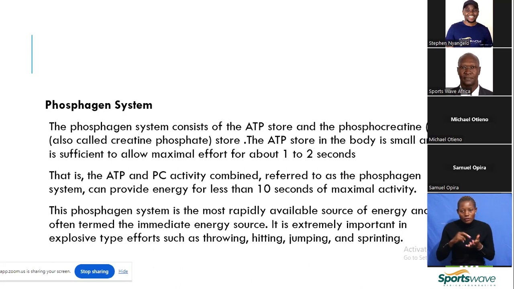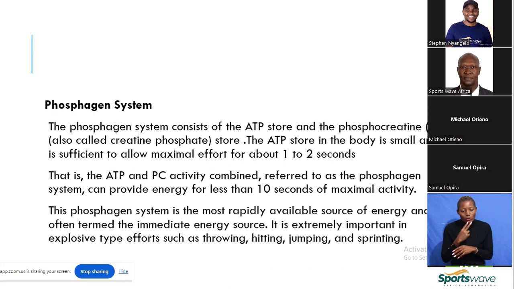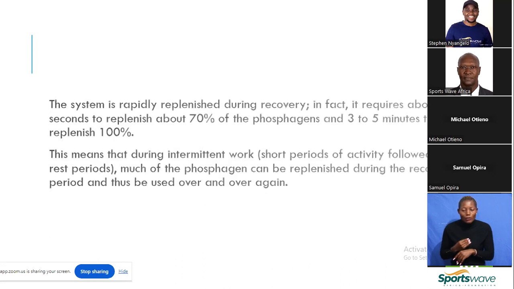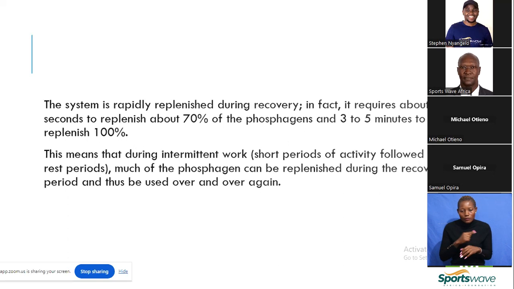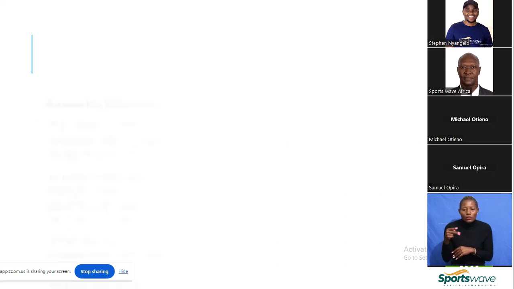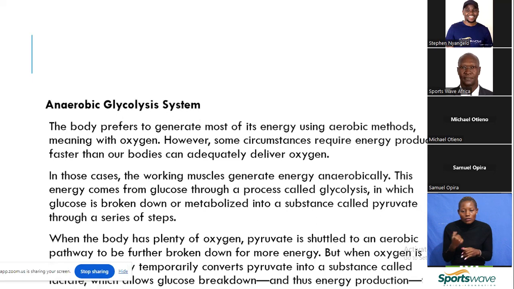So you can run the 100 meters or you can do the 200 meters, but you will still need the glycolytic system that is anaerobic. So we start off with the phosphagen system, then we go to the anaerobic glycolysis system.